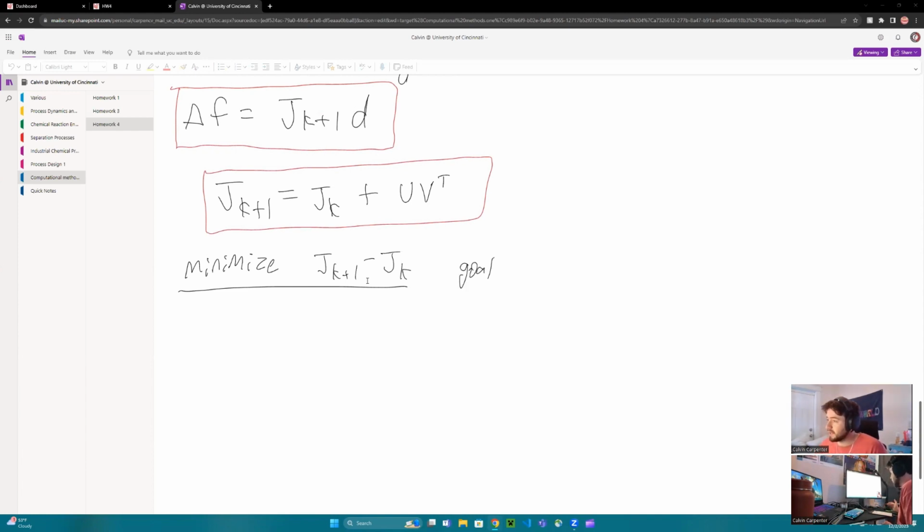And we can do that by taking the partial derivative and setting it equal to 0. So we're going to write this definition. So J of k plus 1 minus J of k squared is going to be equal to, that's a u, not a v. That looks like a v. Okay, so u v transpose squared.